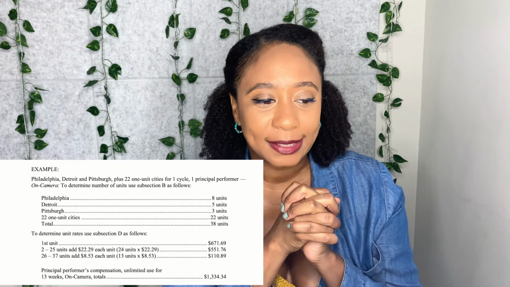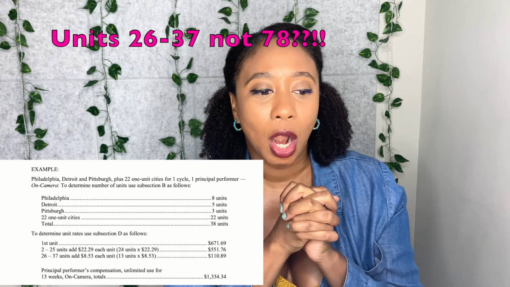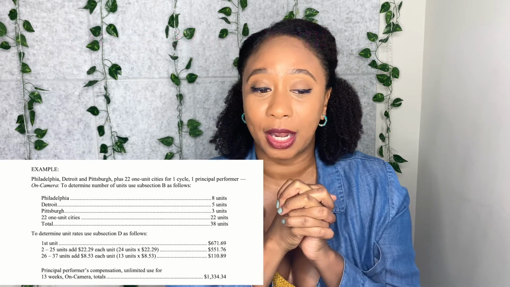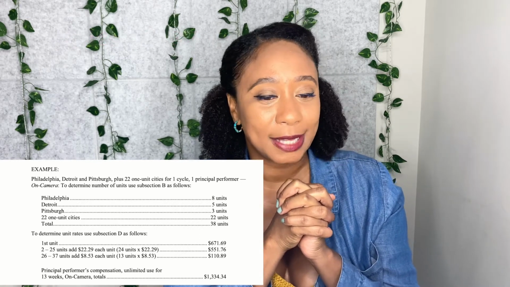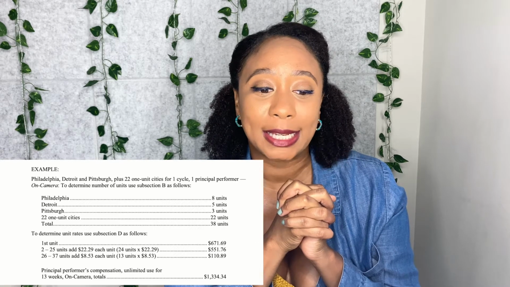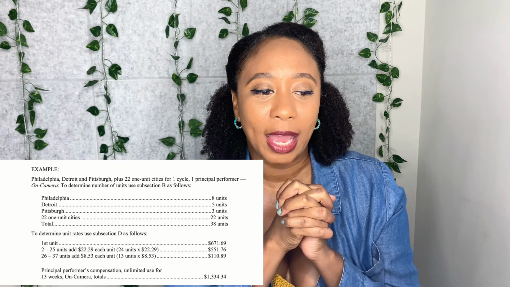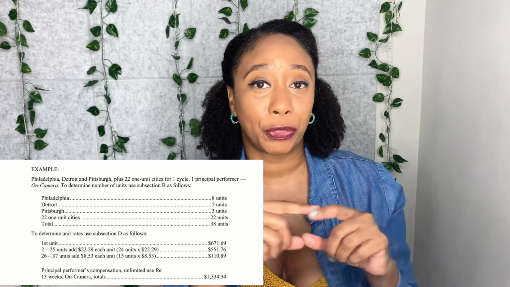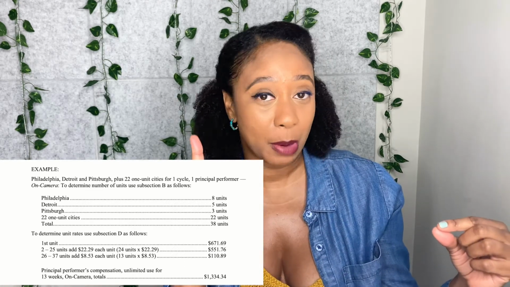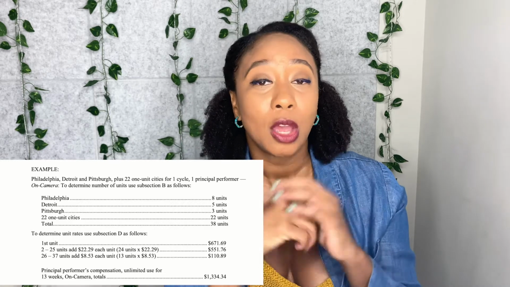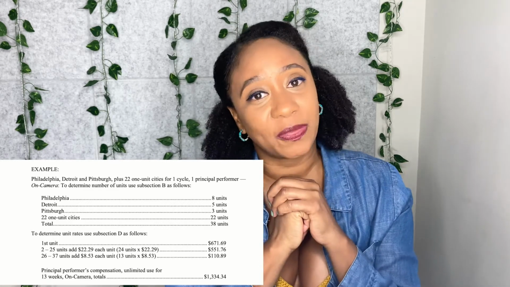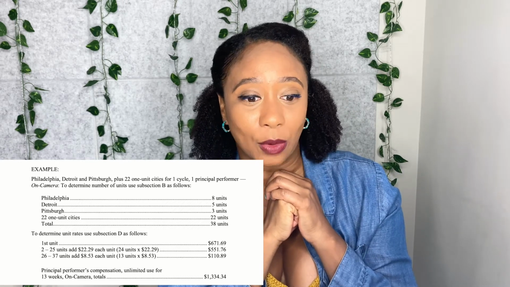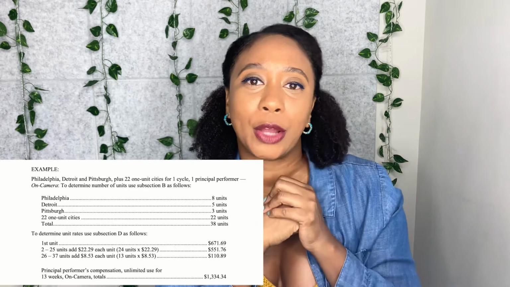Then units 26 through 78 are $8.53, so you take the 13 units that are left times $8.53 and get a total of $110.89. So your total compensation for unlimited usage for 13 weeks, which is 1 cycle of Wildspot, for on camera is going to be $1,334.34. That's how you break down your Wildspot.